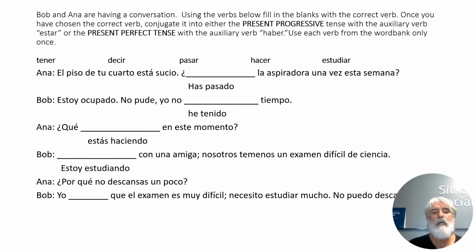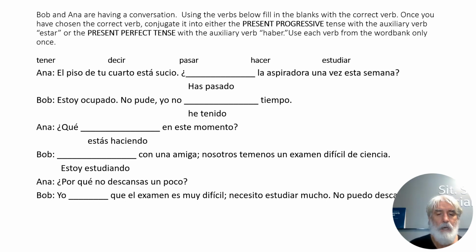We use the verb estar, estoy estudiando con una amiga, right? So we answer back in the present progressive tense. Now, you see the logic of this? All right, finally, so he says, estoy estudiando con una amiga. I'm studying with a friend, and then nosotros tenemos un examen difícil de ciencia. We have a difficult science exam, so they're furiously studying away at this.